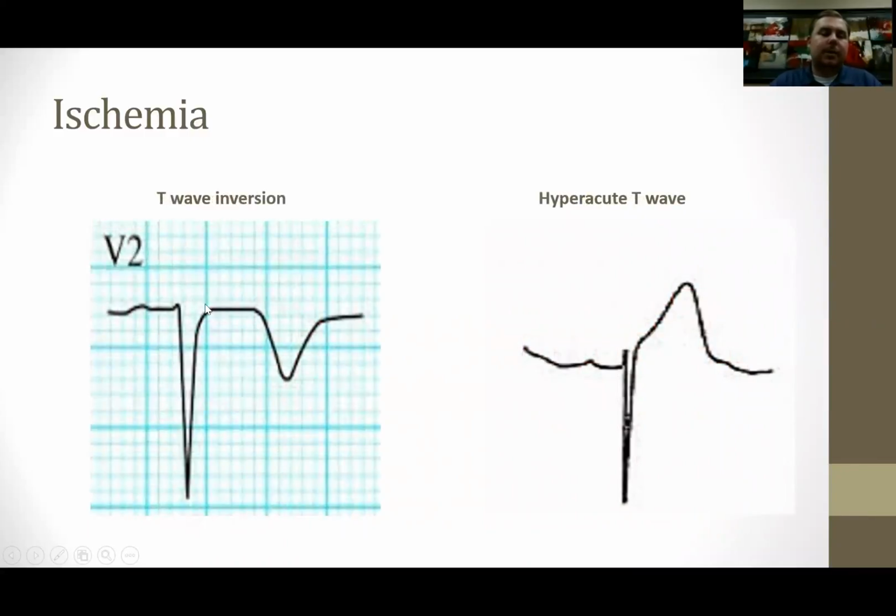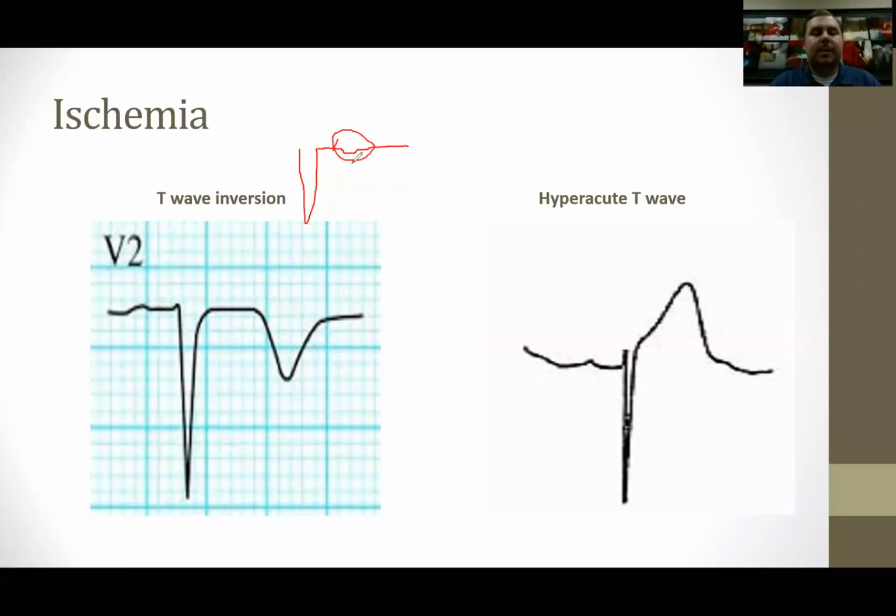Next, we look for T-wave inversions. So there's kind of benign looking T-waves, which would be small inversions. Those are kind of non-specific. So if I had a QRS like this, and then I had just a tiny T-wave, that's not as big of a deal.